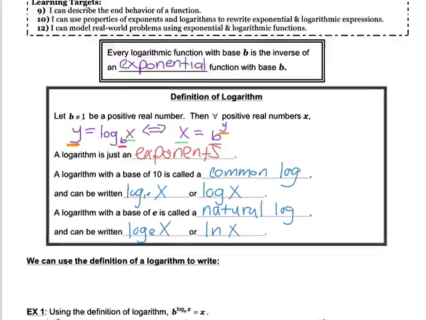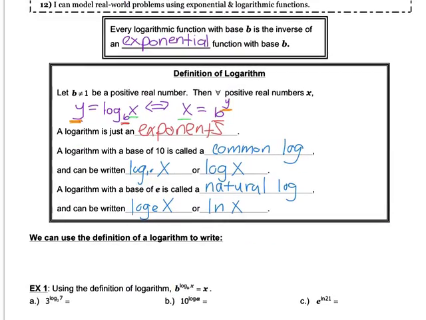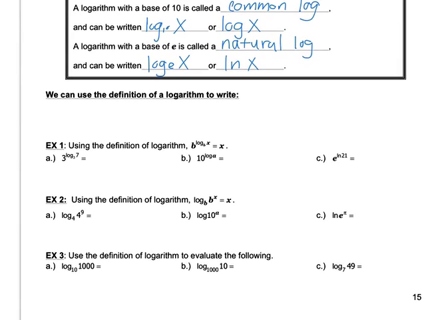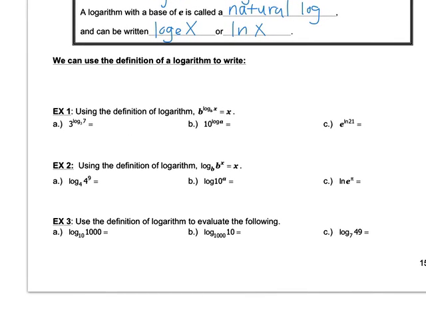Okay, we're going to look at how we can use this definition of a log to rewrite some logarithmic expressions. So we can use the definition of a log, and I'm really just going to rewrite what we wrote above. y equals log base b of x. Now, if that's true, then I'm going to rewrite that as an exponent.